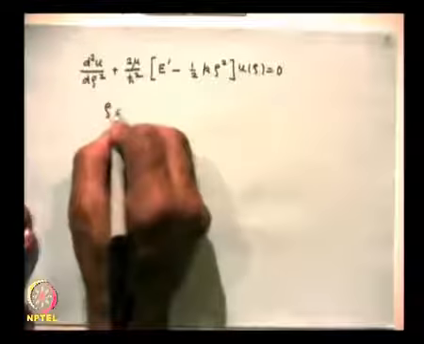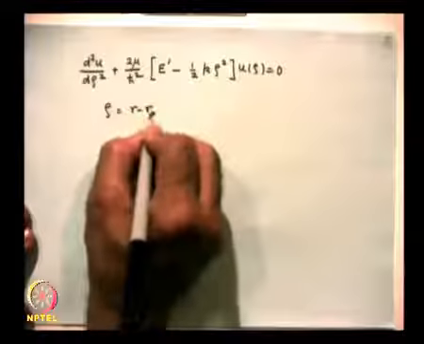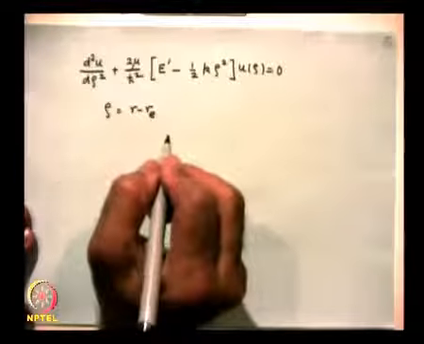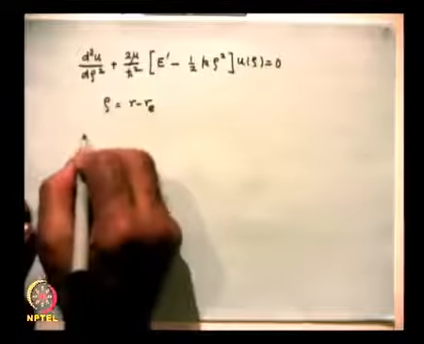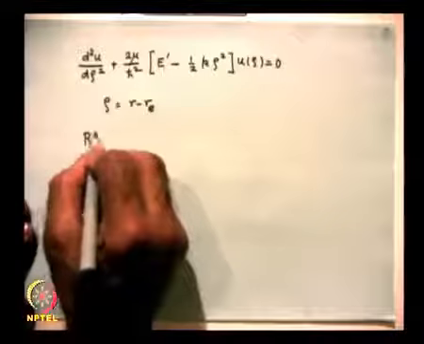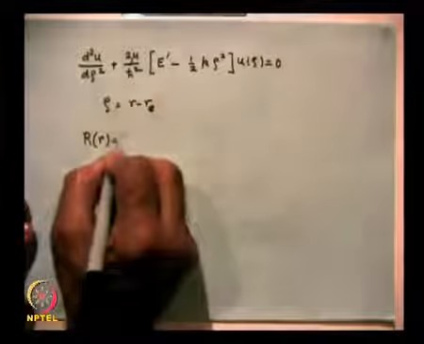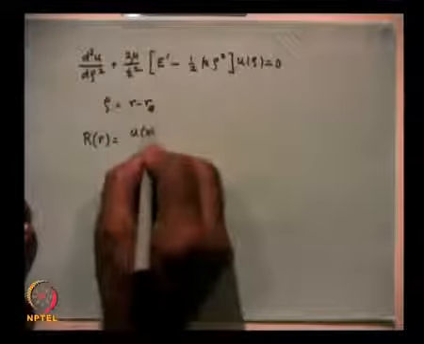So, rho is equal to r minus r e, and if you remember, the radial part of the wave function was given by R of r equal to u of r by r.